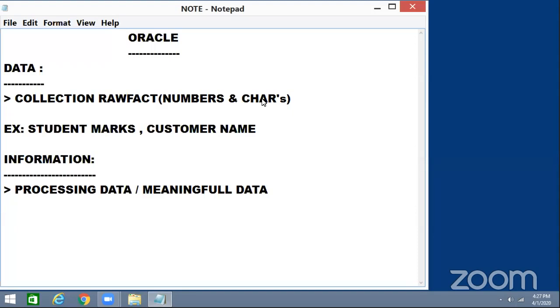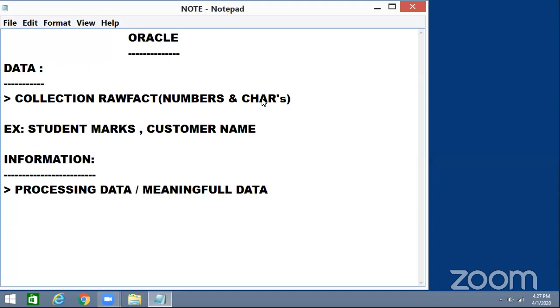Similarly, complete customer information is customer account number, name, balance amount, address, and mobile number. Complete details of a customer or a student are called information.